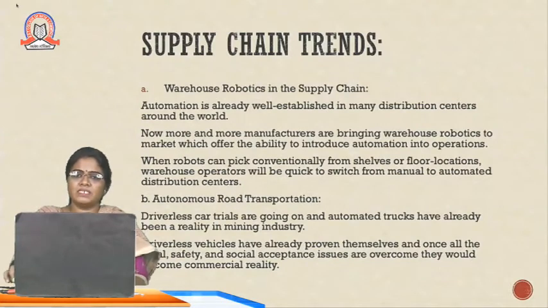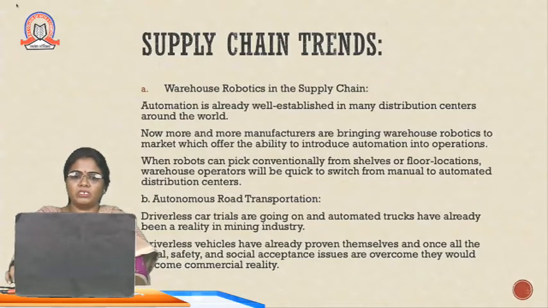Now the supply chain trends are warehouse robotics in the supply chain. That is the trend. Automation is already well established in many distribution centers around the world. Now more and more manufacturers are bringing warehouse robotics to market, which offer the ability to introduce automation into operations.